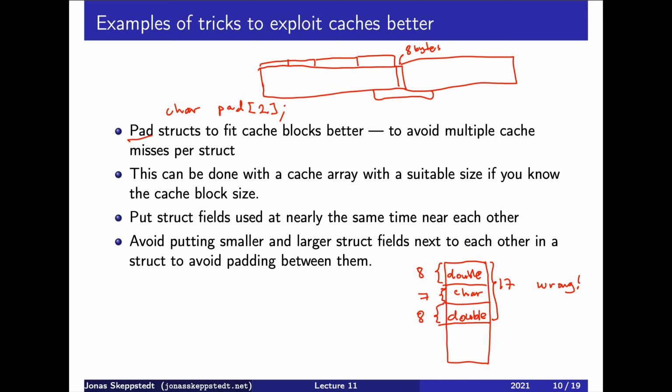Then we reduce the amount of padding. Another idea is to put the attributes that are needed at approximately the same time together, so that they are fetched at the same time when we get the cache miss. That depends on how big the struct and the cache block size are, of course. I mean, we have to think about that.